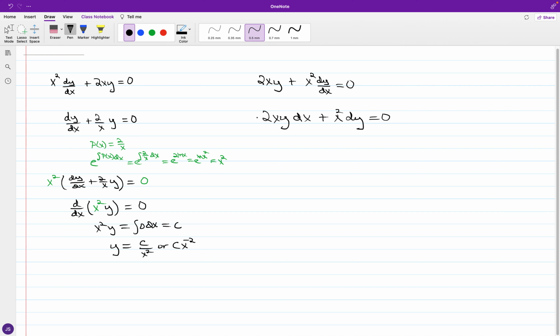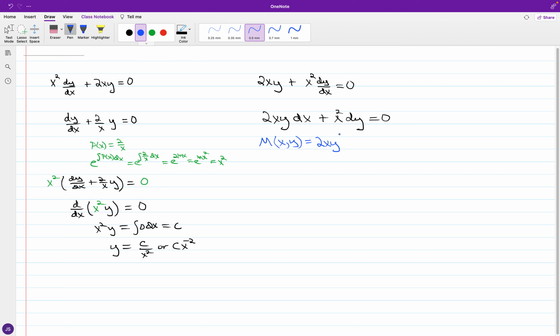So in the framework, your m of x and y is equal to 2xy, and for the n of x and y, well, that is x squared.